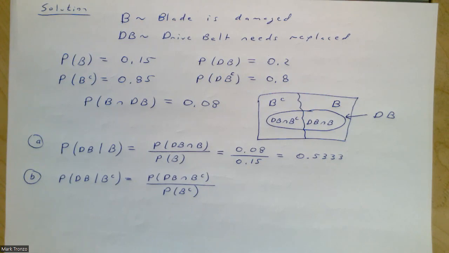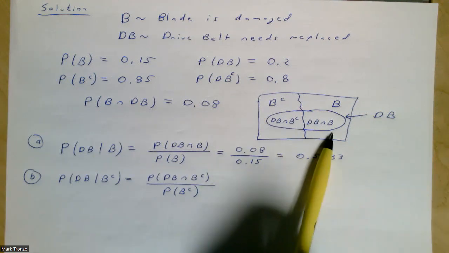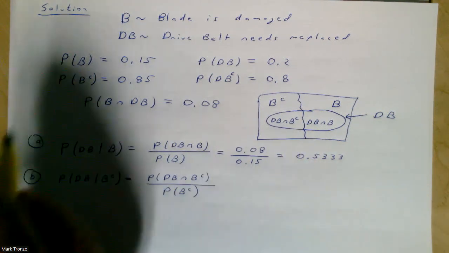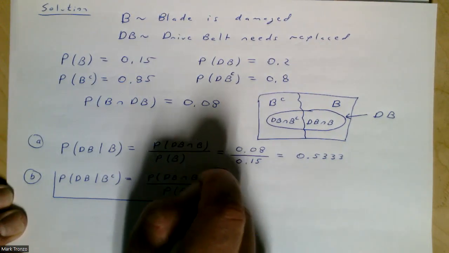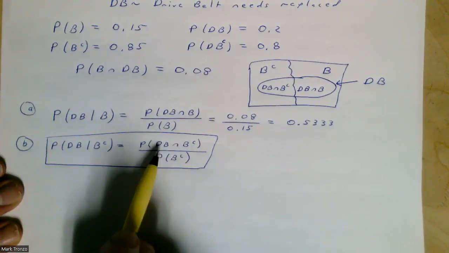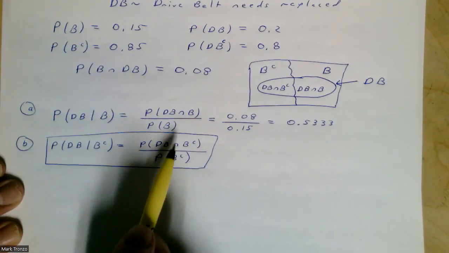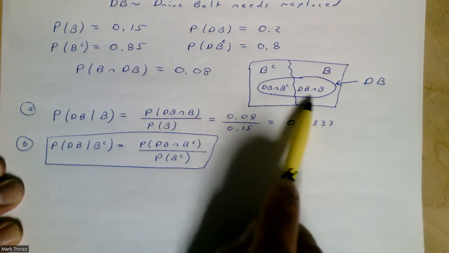So we're going to have to use our little diagram up here to find some of this information. Keep this in mind: we want to solve for this right here, but we need this here, and what we're going to have to do is work with this.